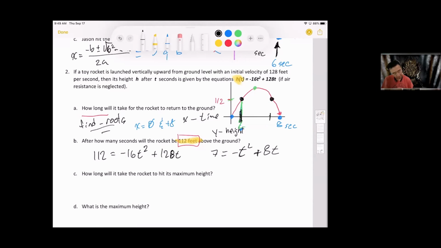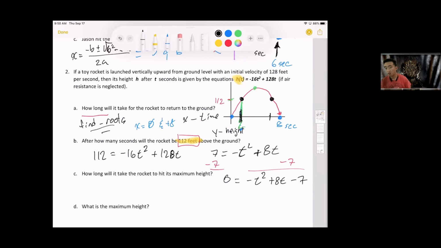If this was 0, if this was the x-intercept, all I have to do is make this equal to 0. 0 equals negative t squared plus 8t minus 7.